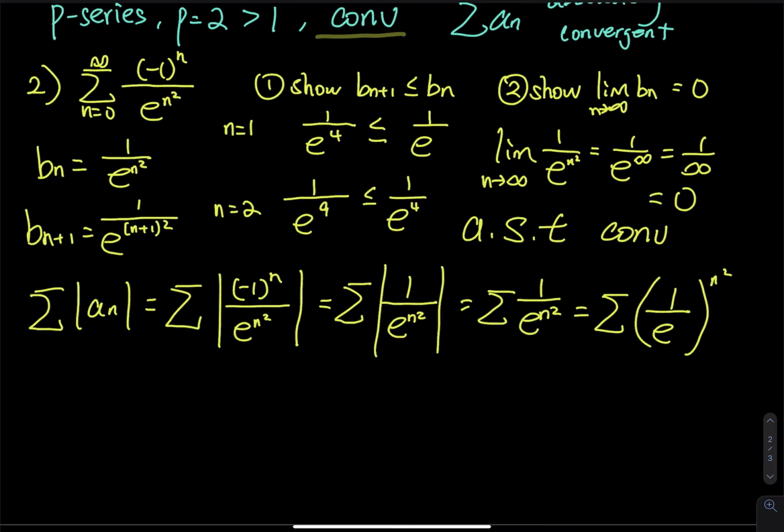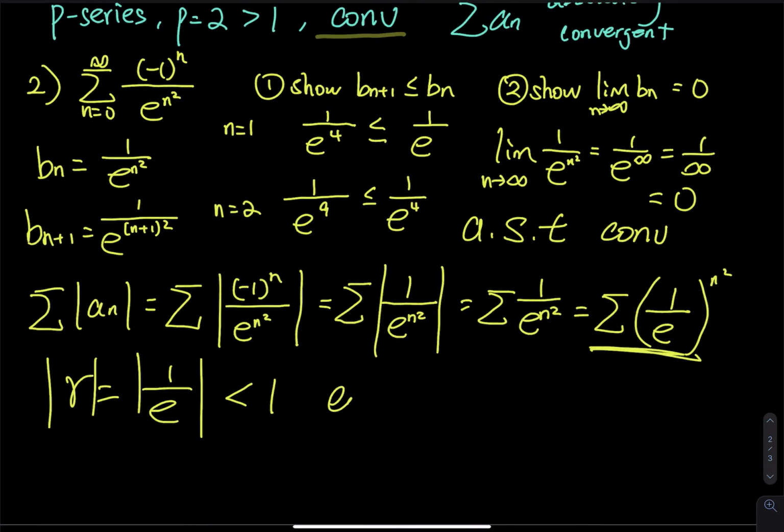So this is a geometric series, and then the common ratio r is equal to 1 over e, and then the absolute value of the common ratio, 1 divided by 2.7, is less than 1. So therefore, this geometric series is convergent, okay?